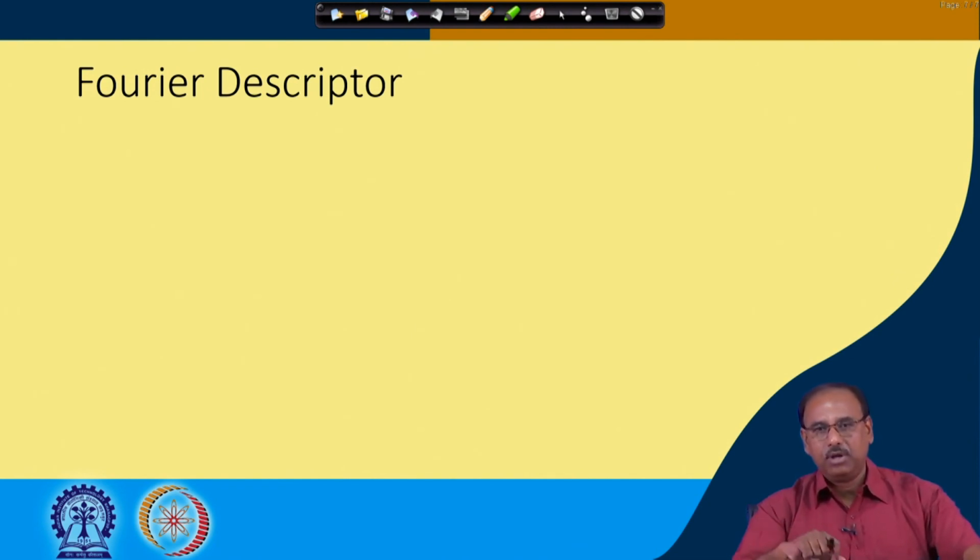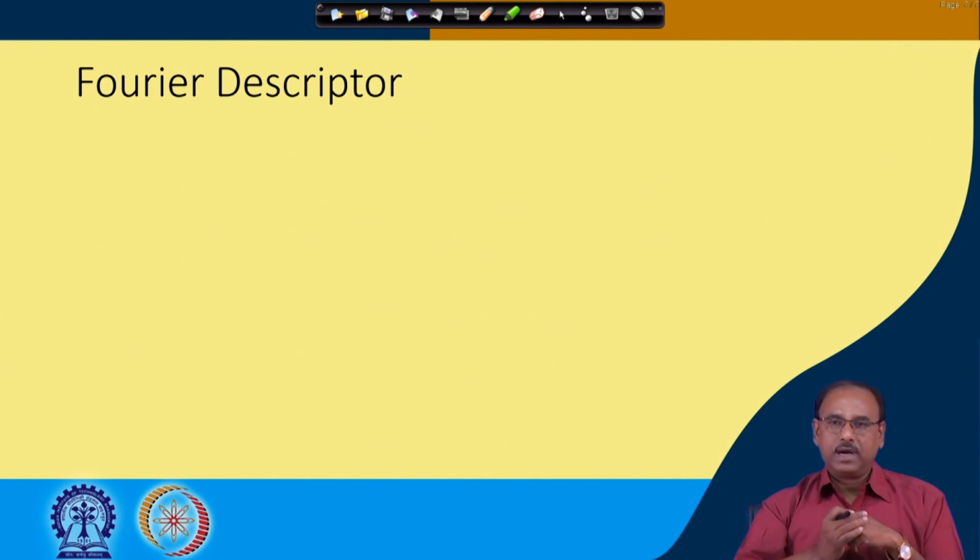Firstly, going for a polygonal representation. When I go for polygonal representation, from the polygon itself I can compute some descriptors, and the different vertices of the polygon that I get break the original boundary into a number of sub-boundaries. So, I can also obtain some shape information of all those sub-boundaries.